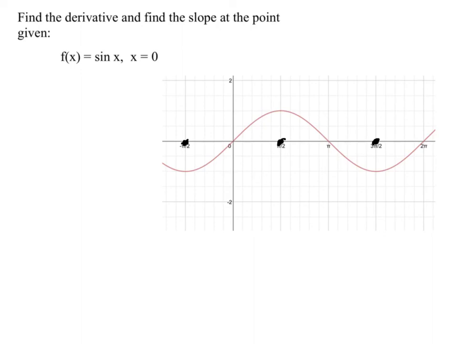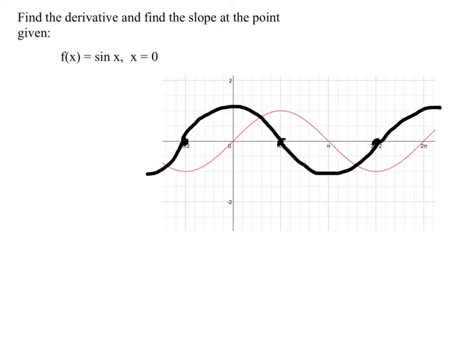Then I go between them. The function is increasing, so it has a positive slope, so the derivative must be positive. Over here, slope is negative, so the derivative must be negative. Over here, slope is positive, so the derivative is positive.